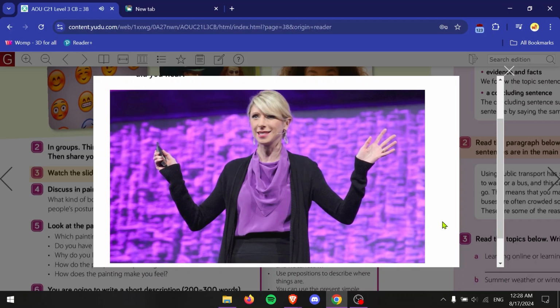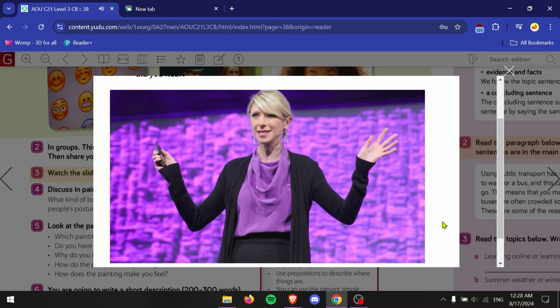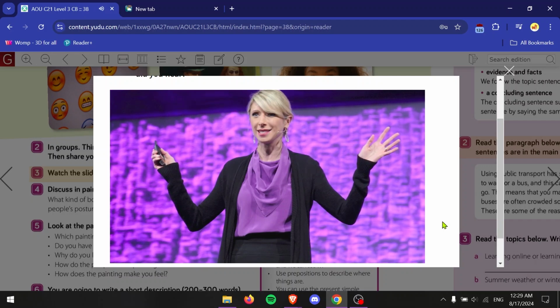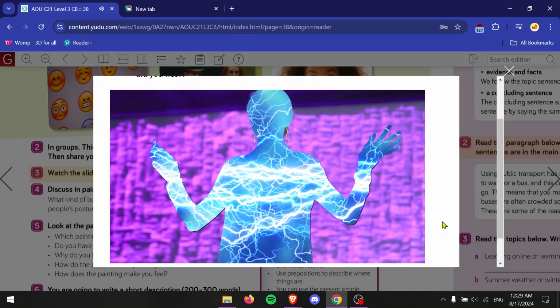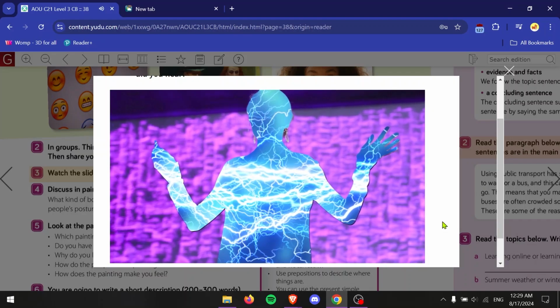Her research shows that if we change our posture, we can completely change the way other people see us. But her research has also found something even more interesting and very useful. She has found that if we strike a positive pose for a few minutes every day, we can actually change the chemistry in our bodies.